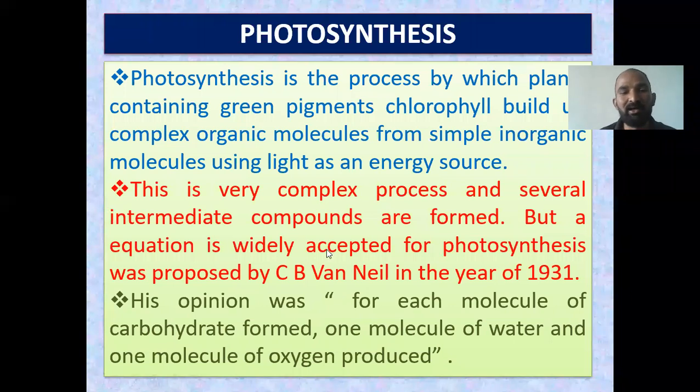Here the scientist C.B. Van Niel, in the year 1931, gave one equation regarding photosynthesis. That equation is widely accepted.